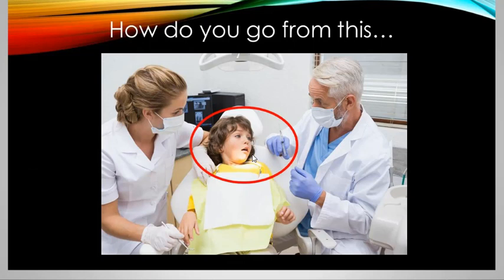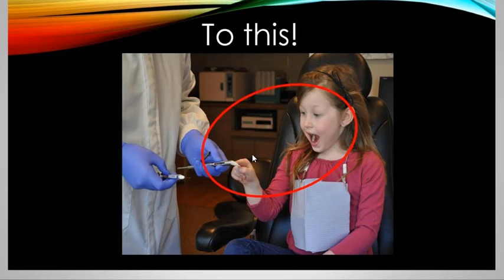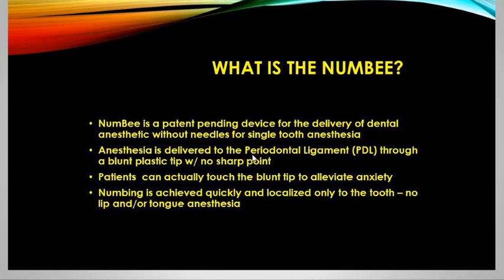So it's also great for pedo patients. And I'm going to get you a little closer look. There's not a needle on the end, and it's so cool. The Numbie is a patent pending device, and it can be used in a regular syringe, but it can also be used in a periodontal ligament syringe.